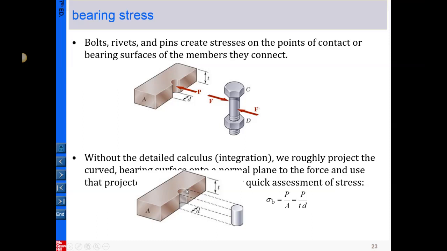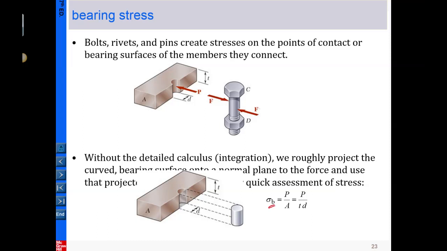If you project the curved surface onto this area, you can very roughly approximate the distribution of the stress on the curve by using the distribution of the stress on this projected area. So P divided by A, where the projected area simply equals t times d. In this case, we call this the bearing stress.